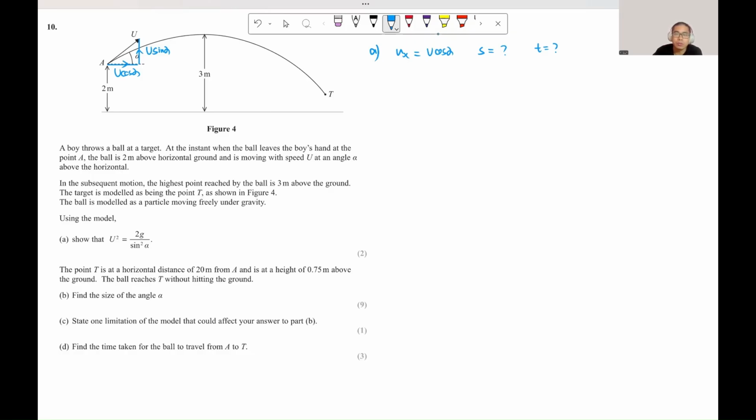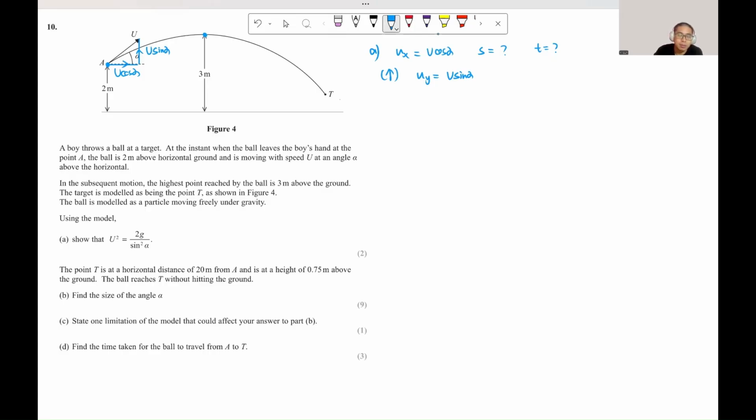If we use the vertical direction, we know the initial velocity. If we take point A as the starting point, then the initial velocity is u sine alpha. And we can't take the end point at T because we don't know where point T is at this moment. It tells us later, but not now.